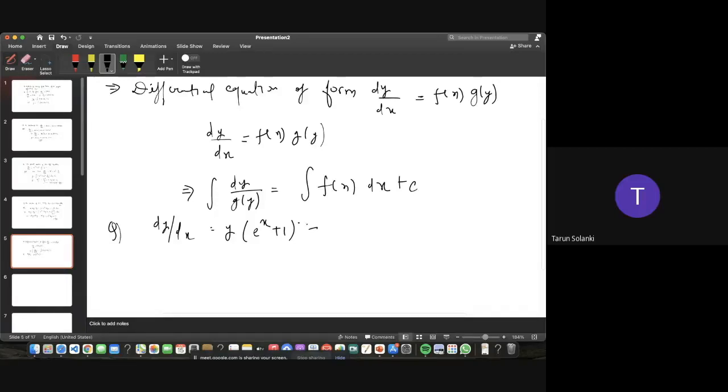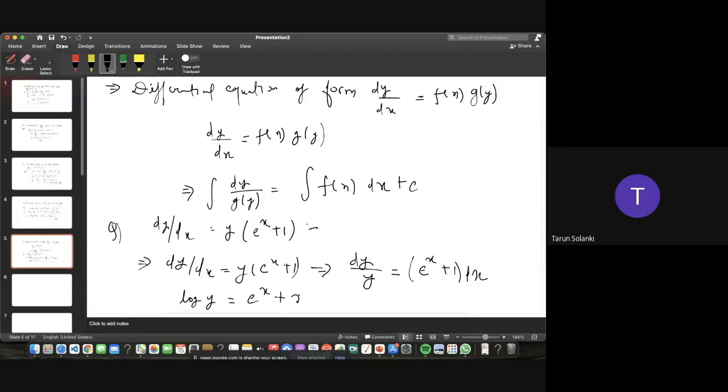So dy by y, we are collecting y terms on one side and the x terms on the other side. So it becomes (e to the power x plus 1) into dx. Integrating both sides, log y is equal to e to the power x plus x plus c. So this is our answer.